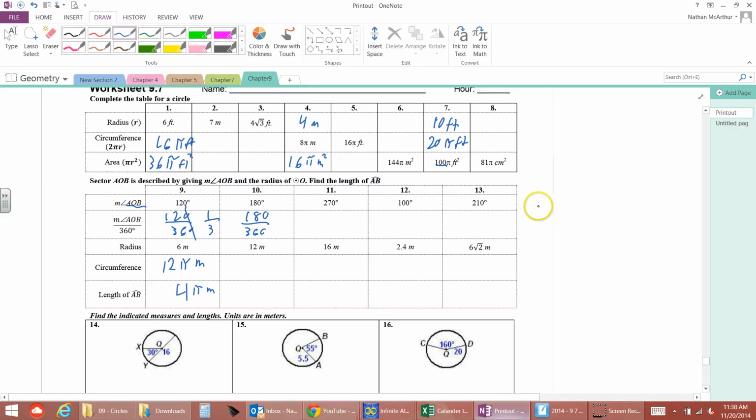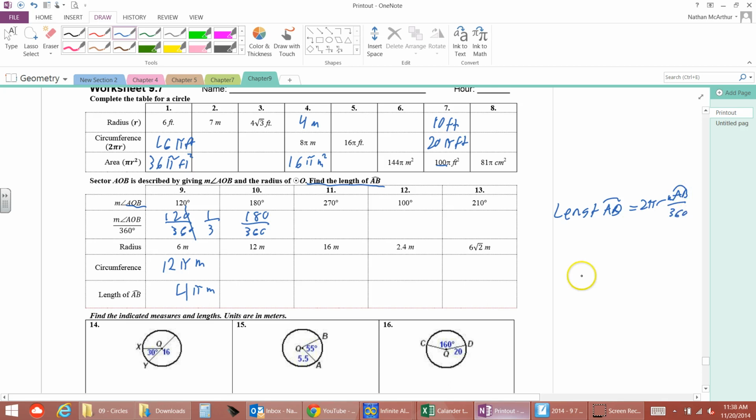And again, remember the equation here, it's asking us to find the length of the arc AB. So we have to put length of AB arc is equal to 2 pi r times the measure of arc AB over 360.